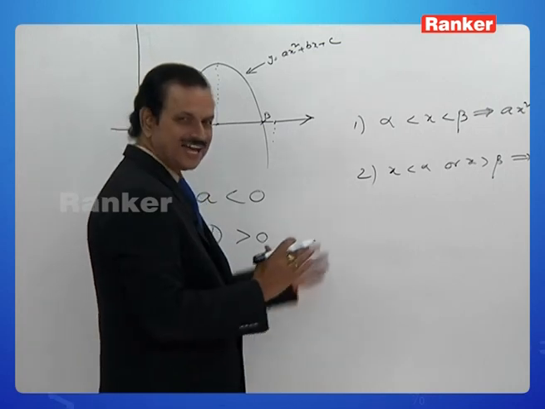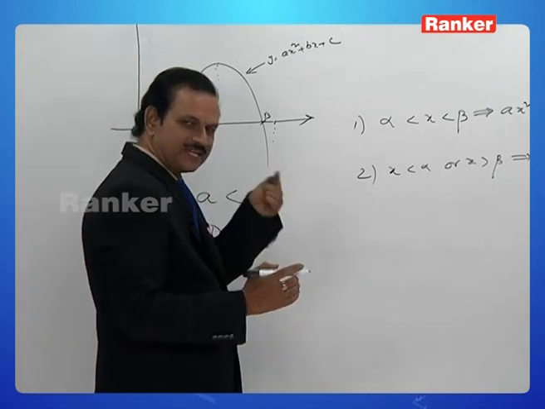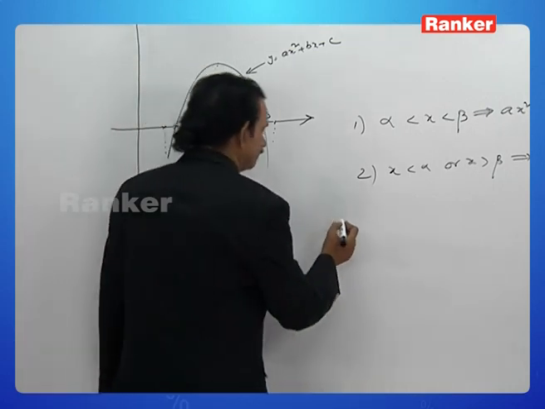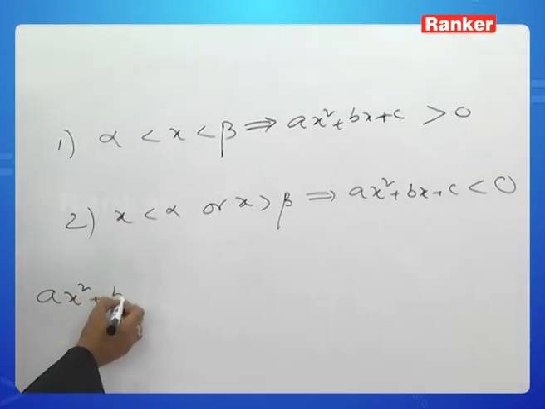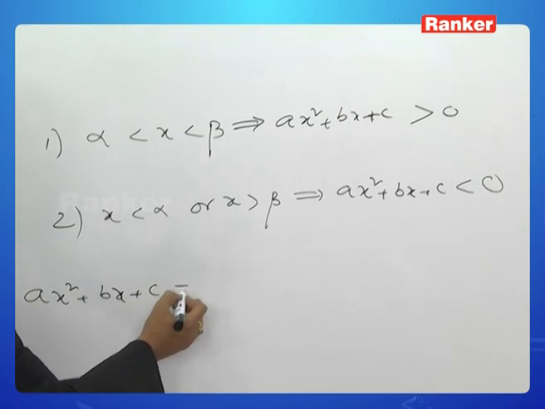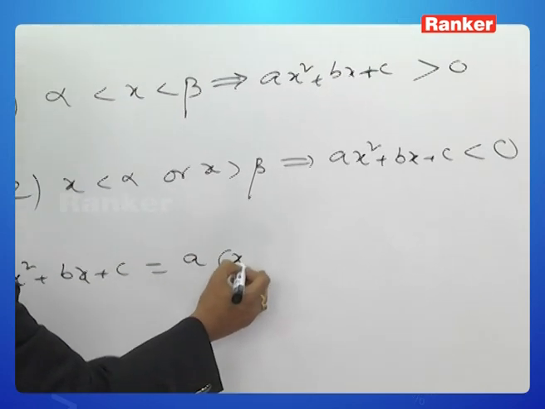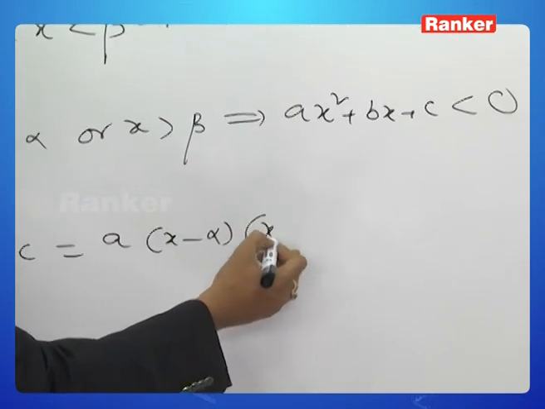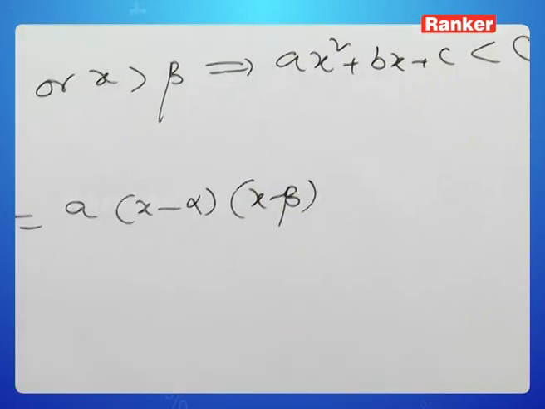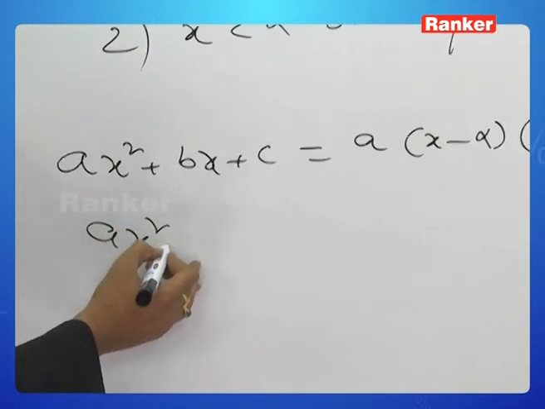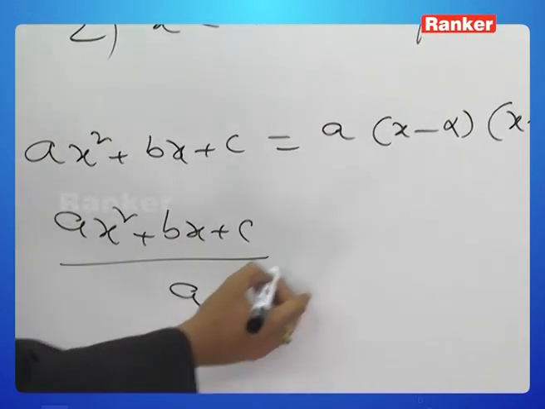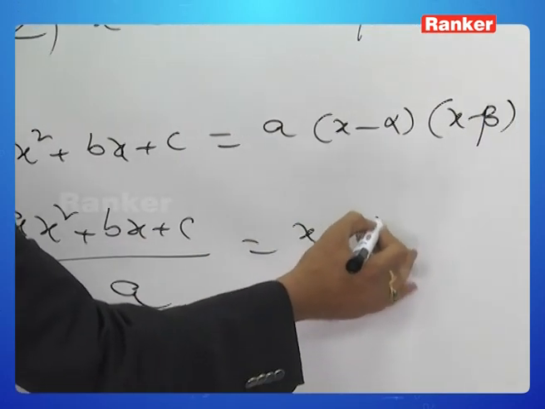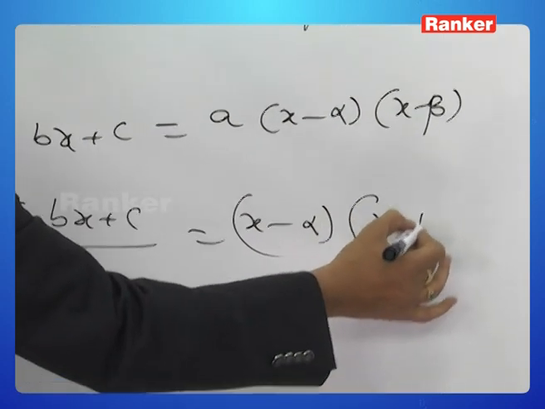Let us now make a common comment in view of a single expression. Look here. We have already known that ax square plus bx plus c is equal to a into x minus alpha into x minus beta. Thereby we will be able to have x square plus bx plus c by a is equal to x minus alpha into x minus beta.